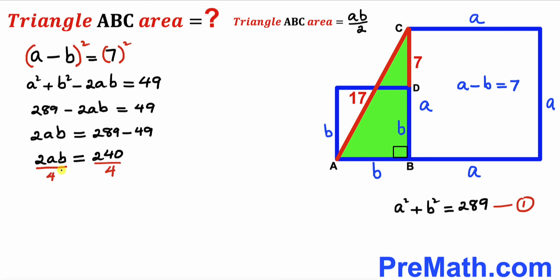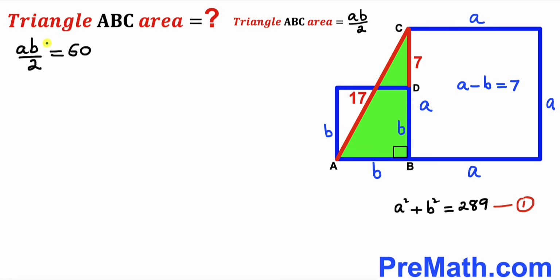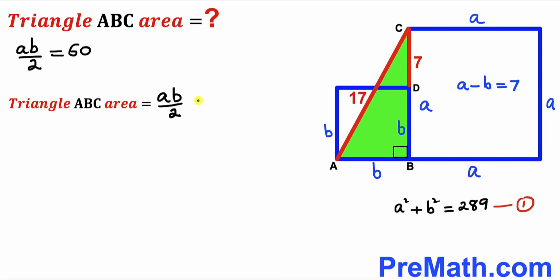On the left hand side, this reduces to a times b divided by 2 equals, on the right hand side, it's going to give us 60. So thus our a times b divided by 2 value simply turns out to be 60. And now let's recall once again, the triangle ABC area is equal to a times b divided by 2. And our ab divided by 2 value is 60.